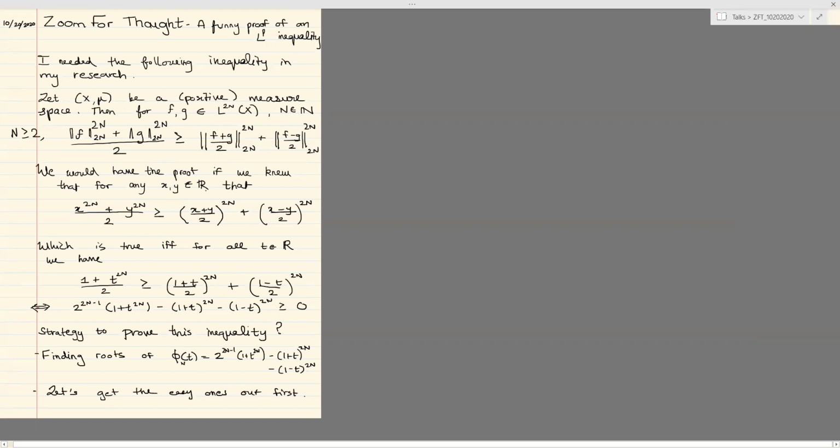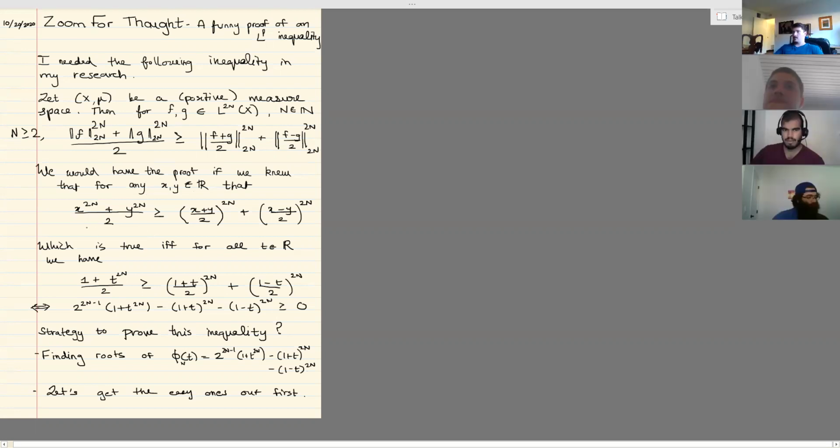For any x and y in R, we have to know that this is true. And this is just because we can replace x with f of x and y with g of x, and then integrate on both sides. Now we can change this two-variable inequality into a one-variable inequality since it's homogeneous.